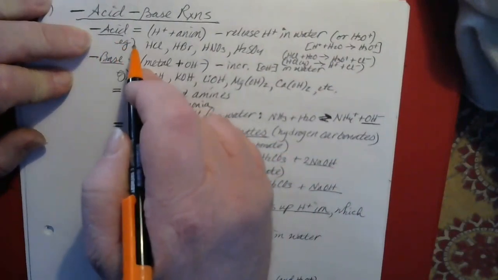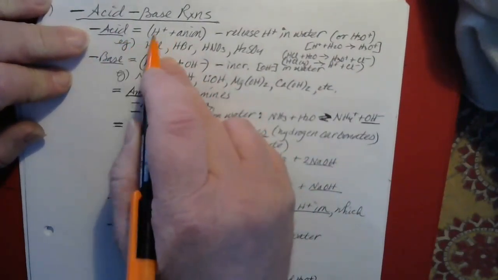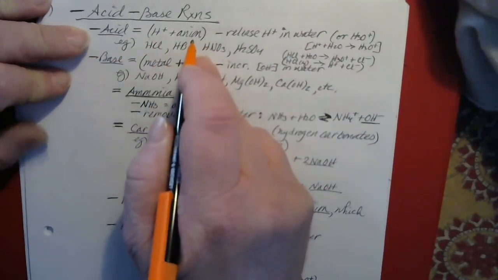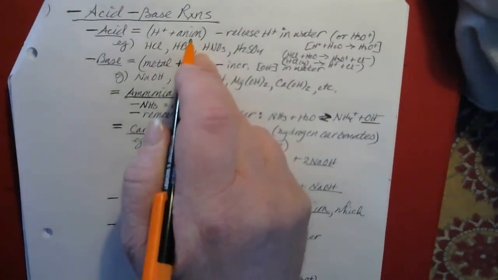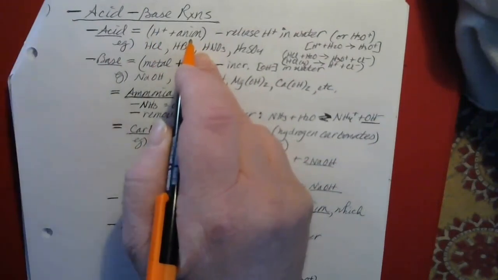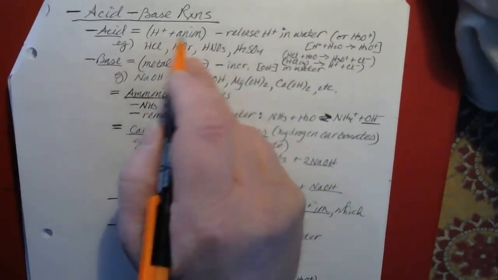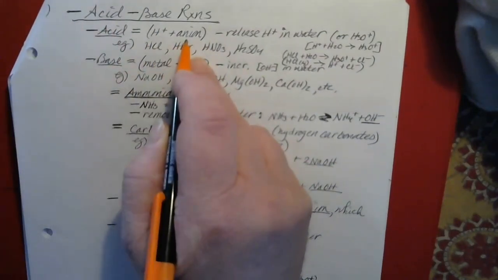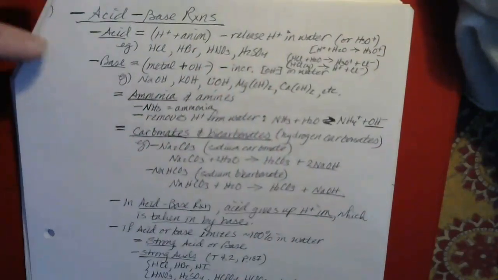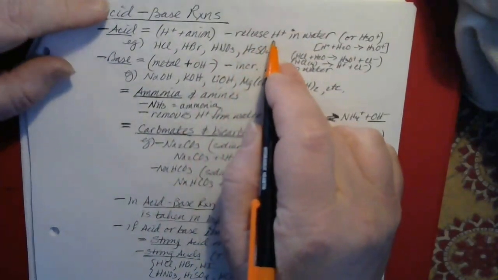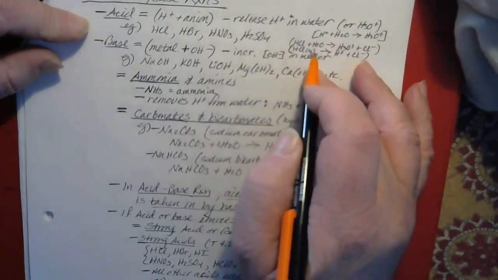The formula for an acid is the H plus ion plus some anion. The anion could be chlorine, in which case you get HCl, which is hydrochloric acid, or the anion could be something like the nitrate ion, in which case you get HNO3, which would be nitric acid, and so on. And the identifying chemical characteristic of acids is that they release H plus ions when you put them in water. They ionize to release H plus ions.